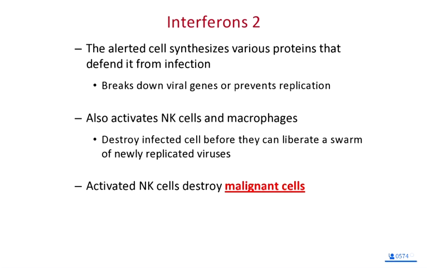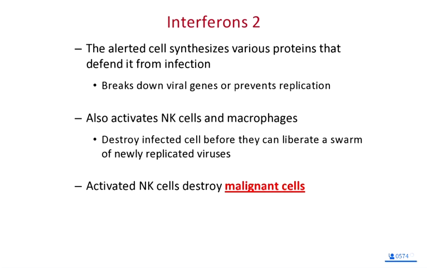Another way that interferons help the neighboring cells is that it's also going to activate natural killer cells and macrophages so that the infected original cell will be destroyed quicker and be less likely to send more viruses to attack the neighboring cell.